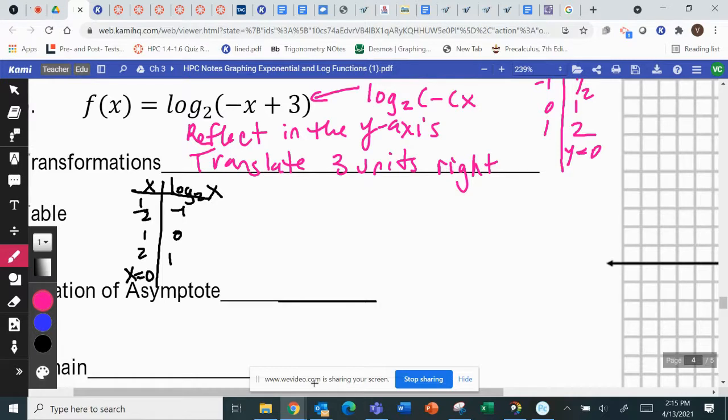Need to factor out that negative. Oops, which I just didn't do. Need to factor out that negative. So that's the equation we're actually finding the transformations with. See, they're both horizontal transformations. So I'm going to multiply by -1 first.